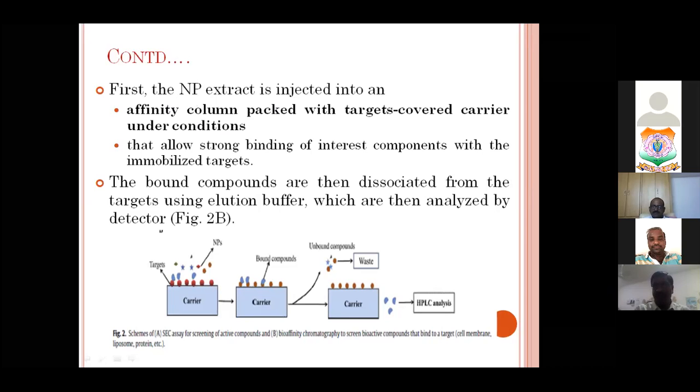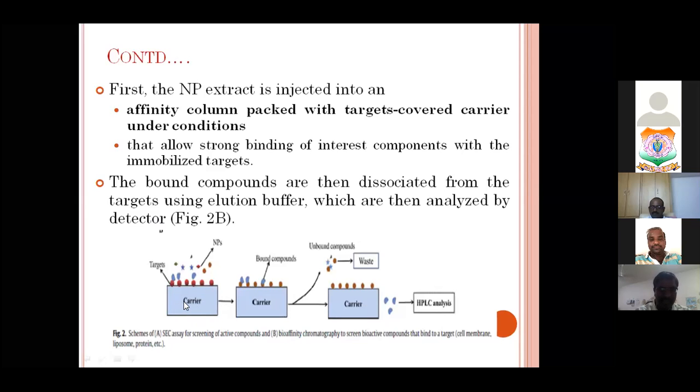Target means cell membrane or particular protein or particular enzyme that allows the strong binding of compounds of interest with the immobilized targets. The bound compounds are then dissociated from the target using an elution buffer. You know very well what the technique of elution is, and they are then analyzed by using a suitable detector with the HPLC analysis.